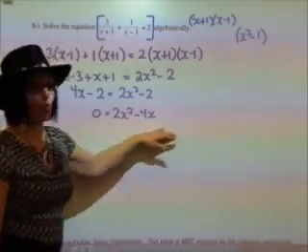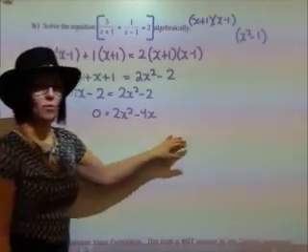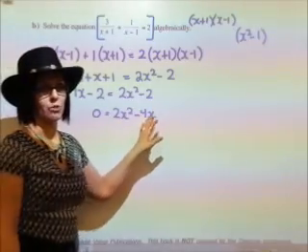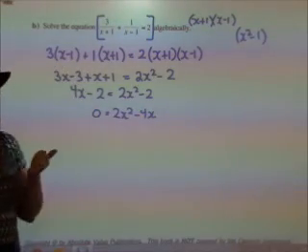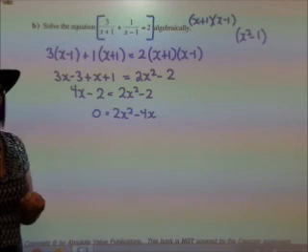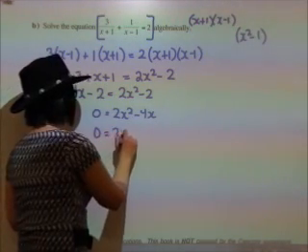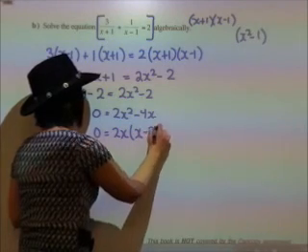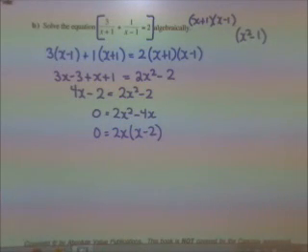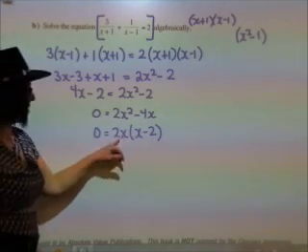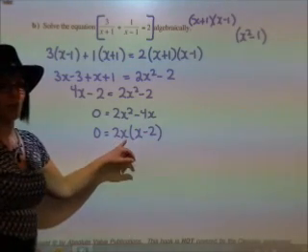This is not a trinomial, so we're not factoring it by trinomial methods. It has 2 terms. So the first thing I always start off with: can I remove a greatest common factor? Which leaves me with x minus 2. These become my 2 factors for my solution.